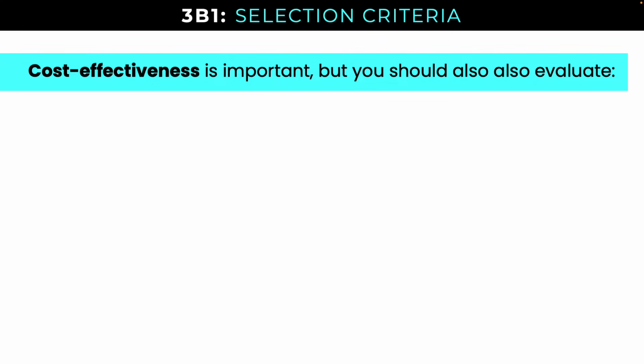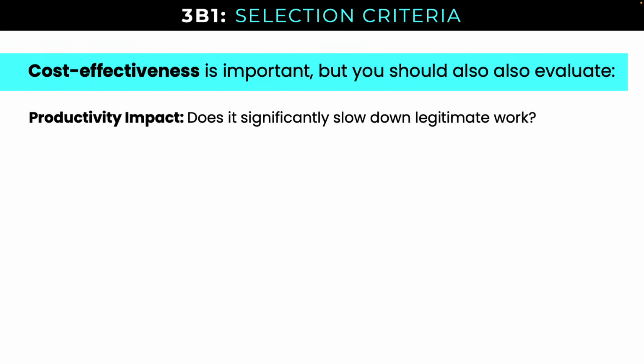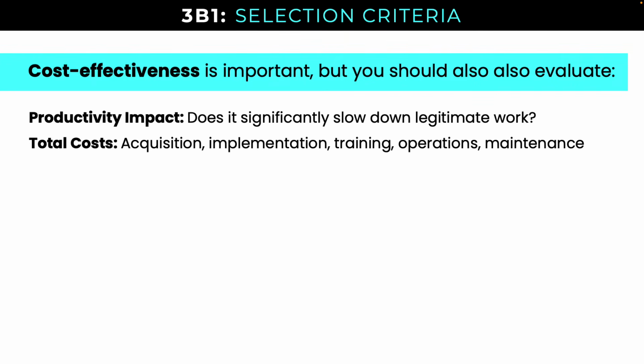So let's talk about selection criteria. Certainly cost effectiveness is one of those bottom line objectives, but you should also evaluate the productivity impact. So does a control significantly slow down legitimate work? We prefer controls that keep our user population safe without impacting their productivity in any way. It's simply a control they don't really notice. Total costs. So when we look at the acquisition, implementation, training, operations, maintenance, what does our bottom line total cost of ownership look like?